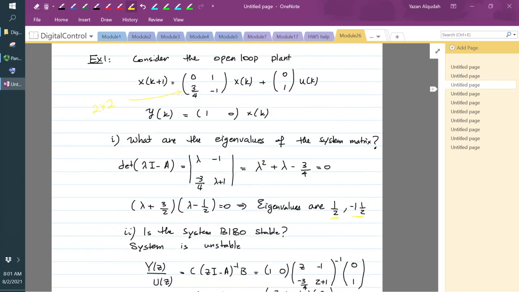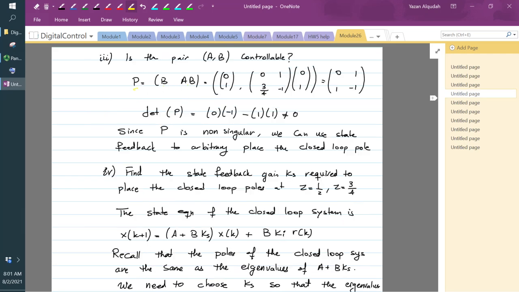So in this case, we have A that is 2 by 2, therefore P is going to equal B, A multiplied by B. So B is [0; 1], A multiplied by B, we take the matrix A and multiply it by the B matrix, and if we do this multiplication, we're going to get the matrix P that is equal to [0, 1; 1, -1].